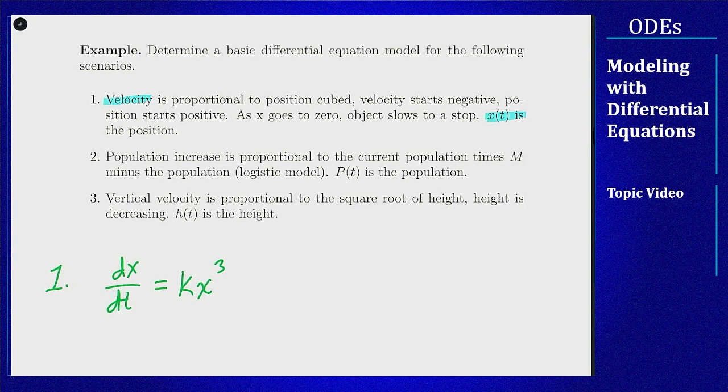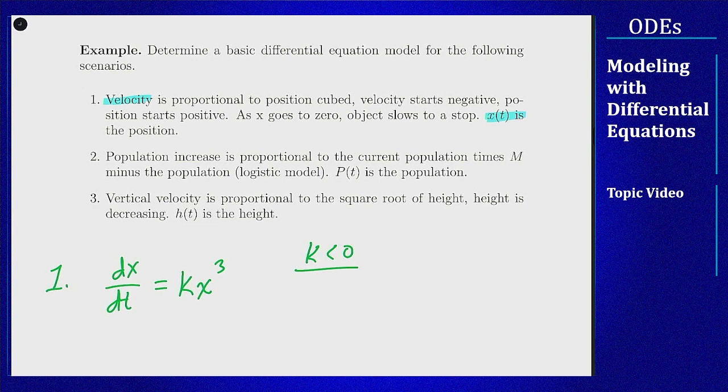Now what does that second bit tell us? Well, it tells us that velocity starts negative, position starts positive. That's going to tell us right off the bat that k is going to have to be a negative value with the current setup, because then my dx/dt is going to be negative. And then this last bit makes sense because as x goes to 0, the object slows to a stop.